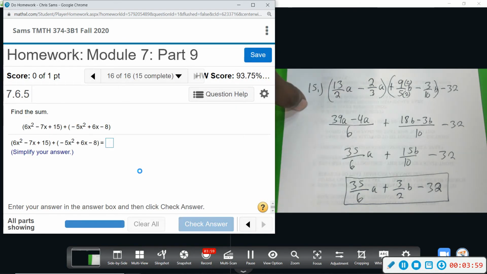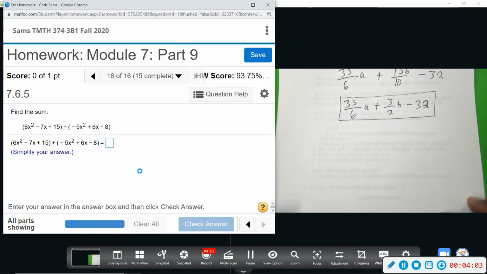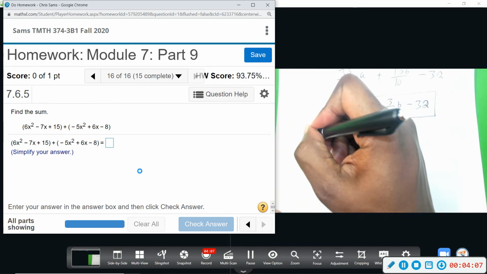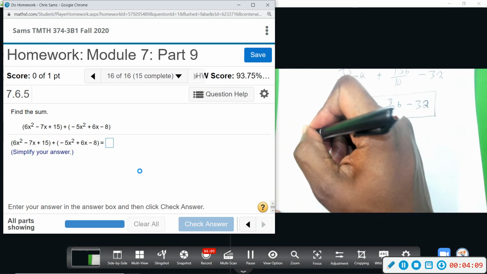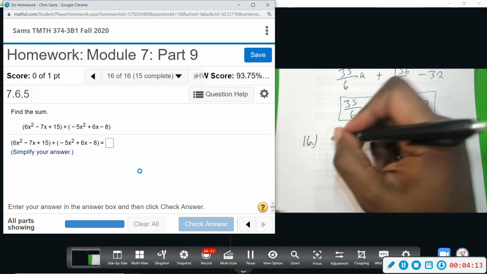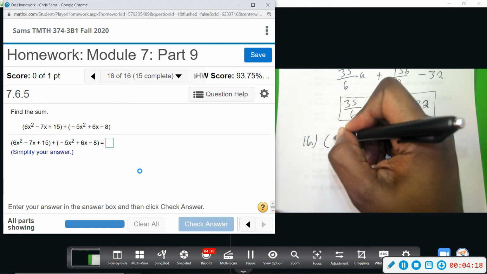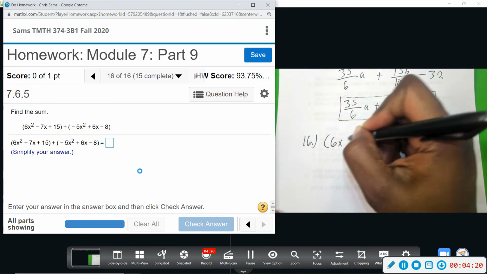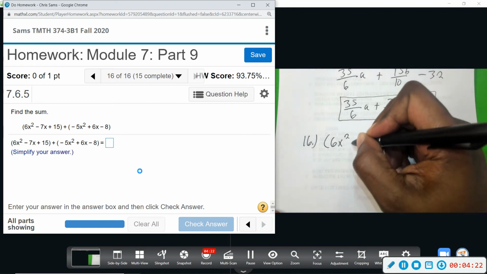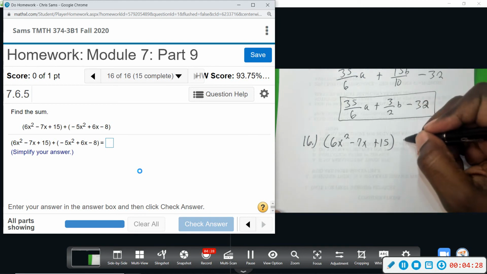And then our last one, so we get a little bit of an extra step here. So if you have your two expressions in parentheses, okay, still follow order of operations first.